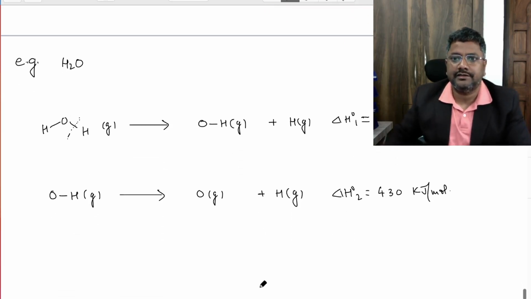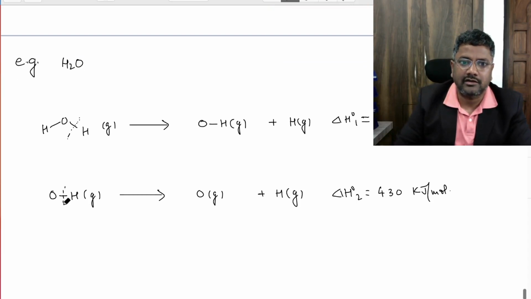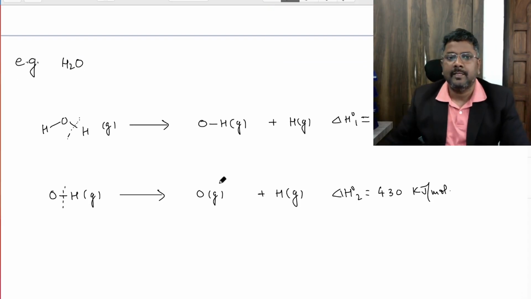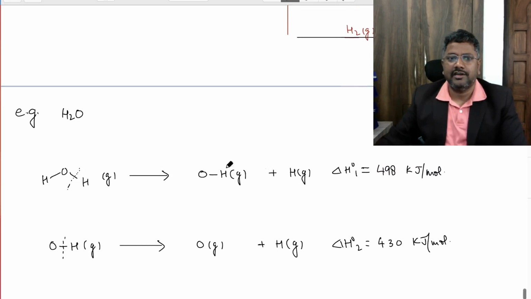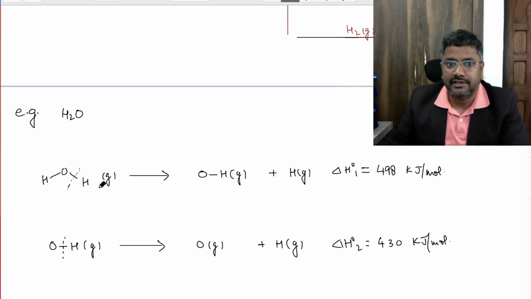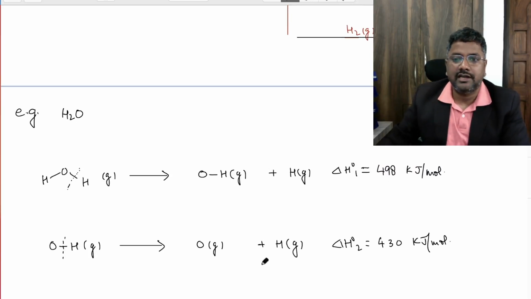So see here, in water two OH bonds are there, but we cannot say that the bond energy of both the bonds is equal, because in the dissociation of the first bond this amount of energy is required, and in the second this.